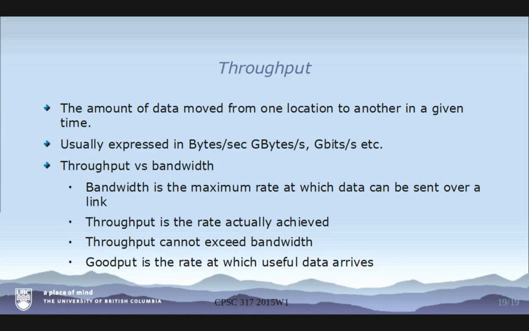I change it to 4,000, and I can get another throughput value. And if I knew what the technology was, I could say what the bandwidth is, which would tell me the maximum I could have gotten. If we had 10 megabits per second, for example, the most I could get is 10 megabits. When I send 1,000 bytes at a time, let's say I get 100K. When I send 4,000 bytes at a time, I get 500K or 600K a second. And then goodput is the rate at which useful data arrives.